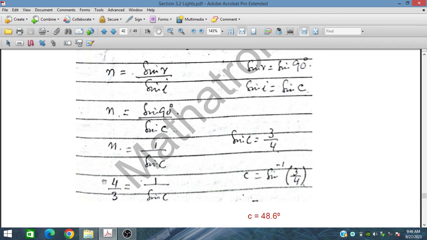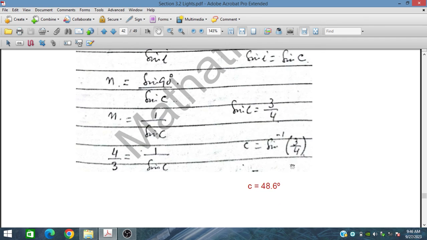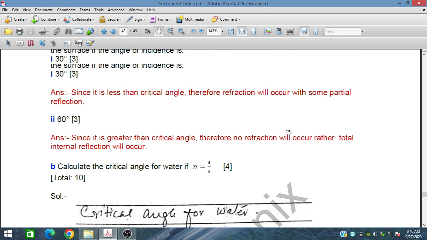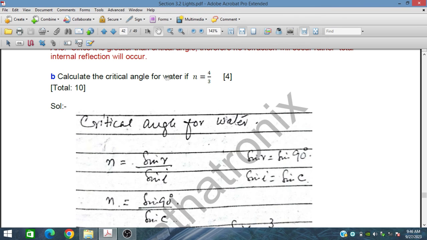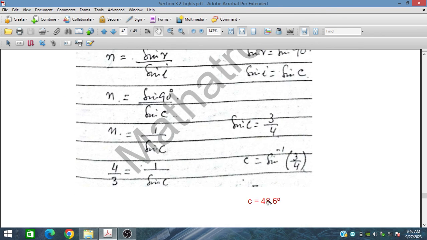So sine C is equal to 3/4. So we take the critical angle, which is 48.6 degrees. So 48.6 degrees is the critical angle for water. If the incident ray is more than that, then total internal reflection will occur.